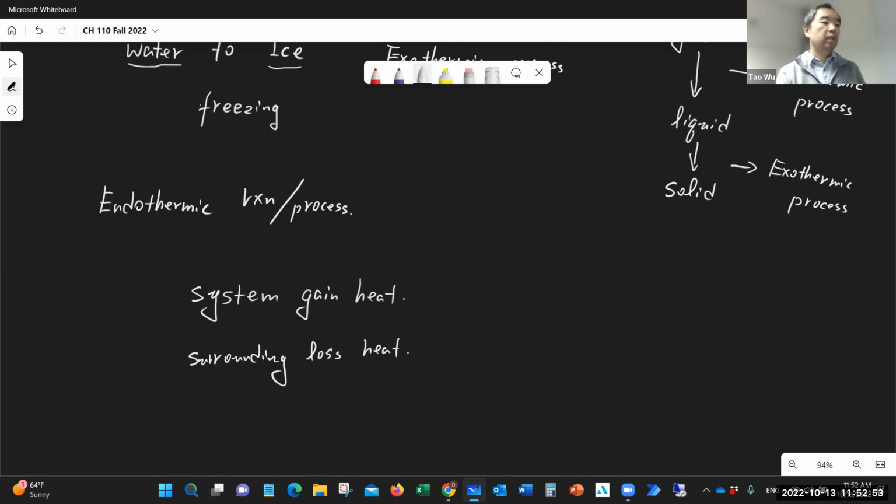Okay, system gains heat, but surroundings lose heat.